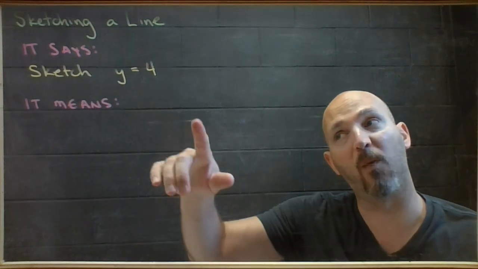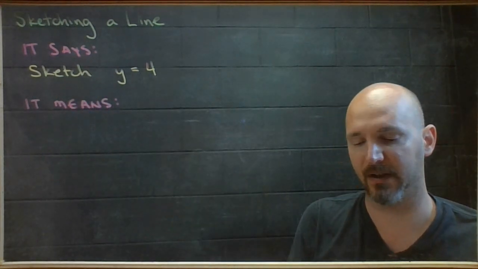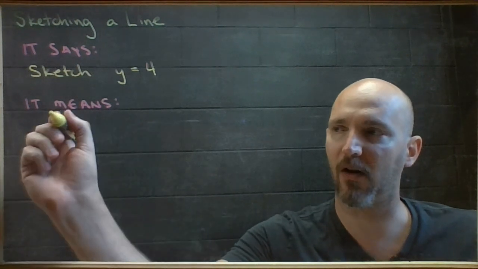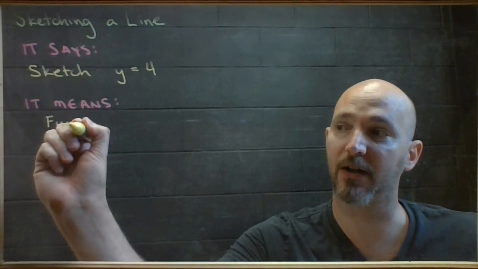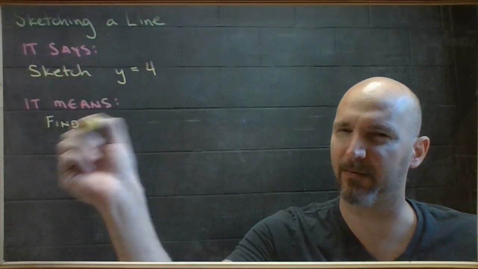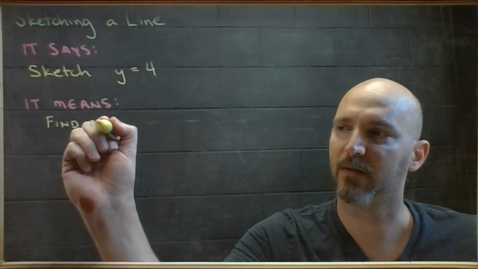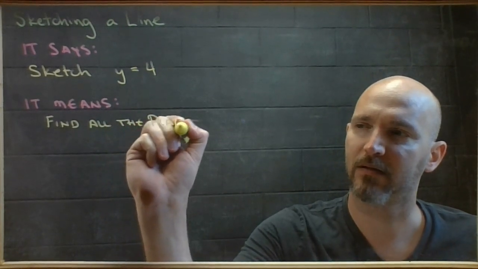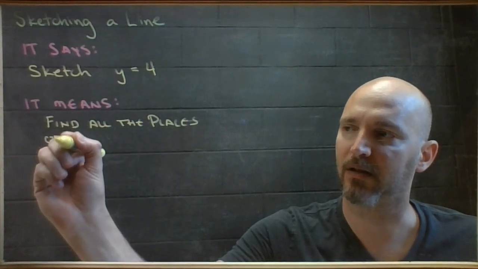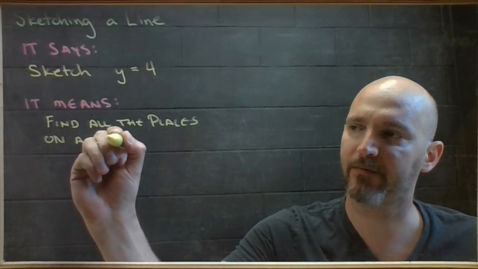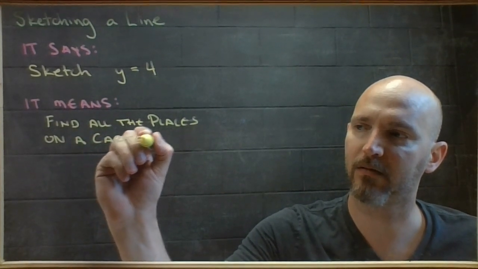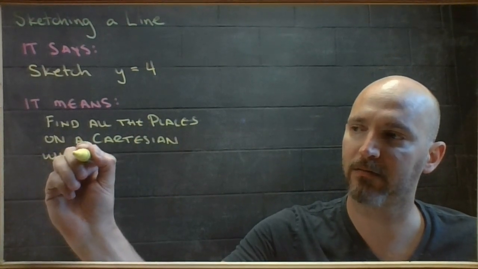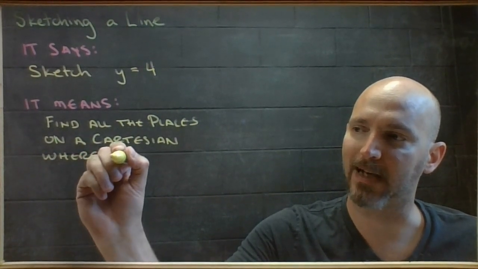When you're doing a sketch in math, it's actually asking you to find all the places on a Cartesian plane. So let me write that out for you. Find all the places on a Cartesian plane where dot dot dot.